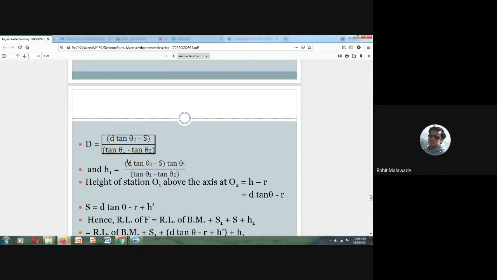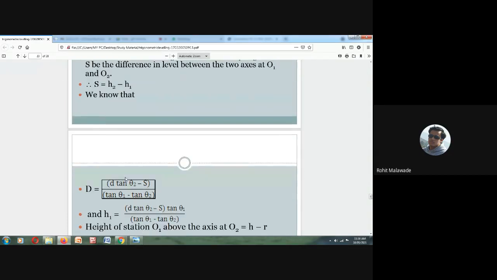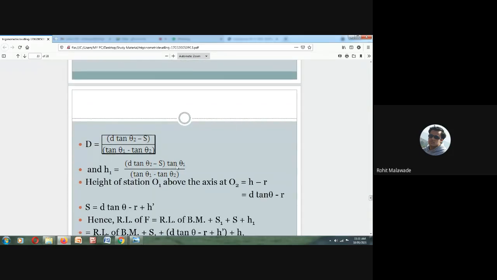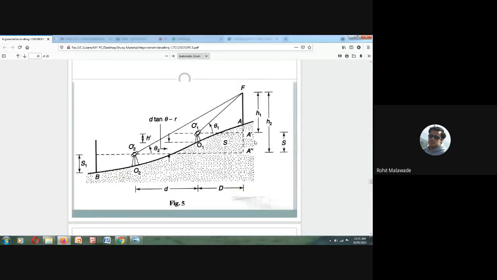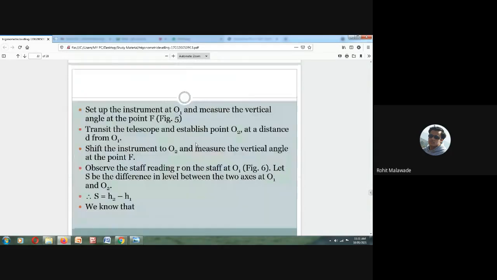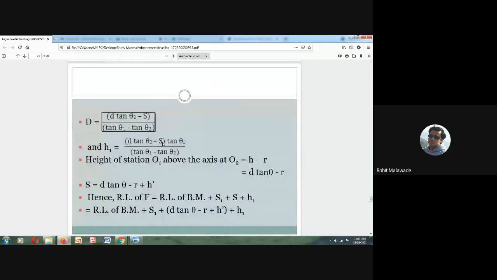Now, the distance D, how can we measure it? We can measure it as D tan theta 2 minus S divided by tan theta 1. Here, this height H1 can be calculated by using the formula D tan theta 2 minus S into tan theta 1 divided by tan theta 1 minus tan theta 2.